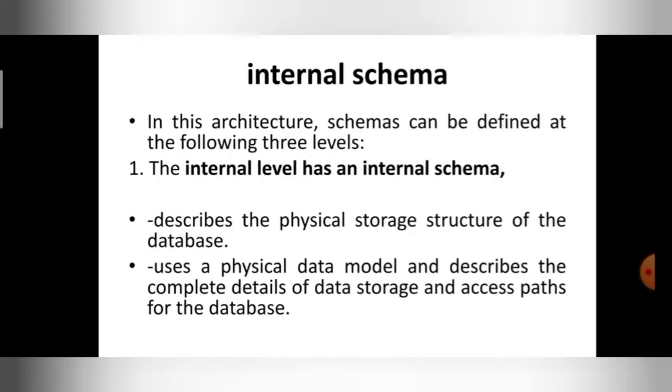So what is the internal schema first? In this architecture, the schemas can be divided into three types: internal schema, conceptual schema, and external schema. The internal schema describes the physical storage structure of the database. It describes the complete details of the data storage and the complete details of the access paths for the database.